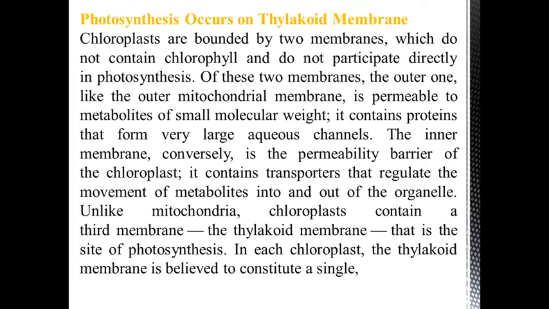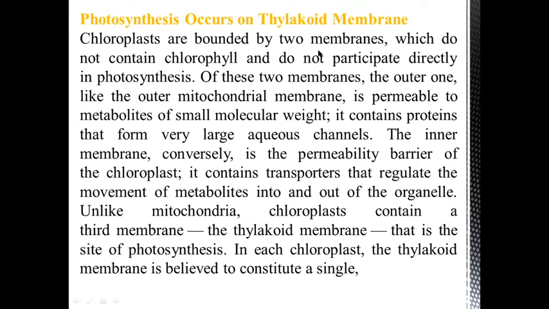That means 4 things are required for the synthesis of food: chlorophyll pigments, sunlight, water and carbon dioxide. Now, photosynthesis occurs on thylakoid membrane.